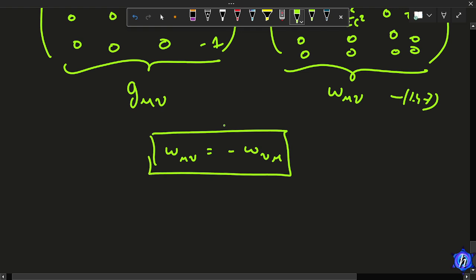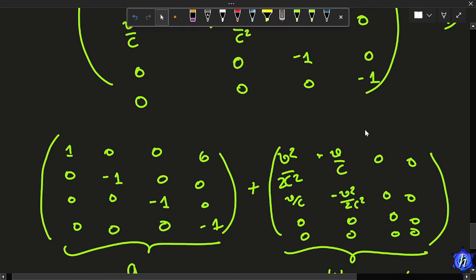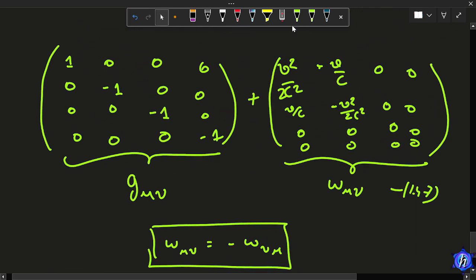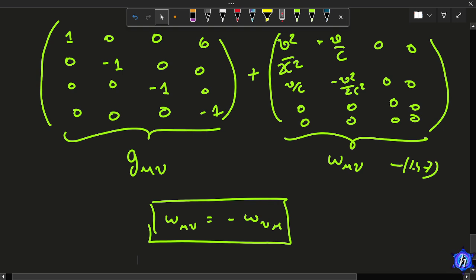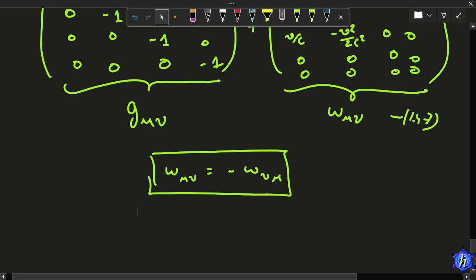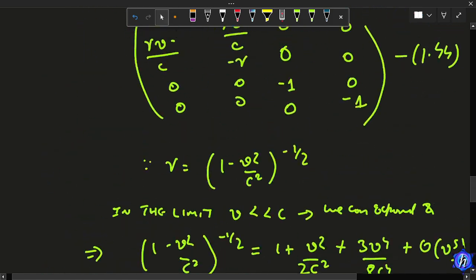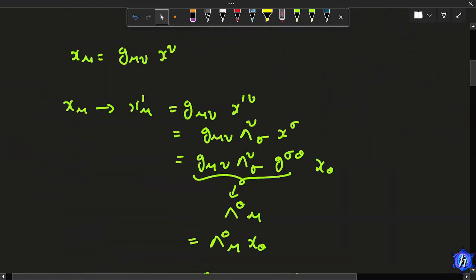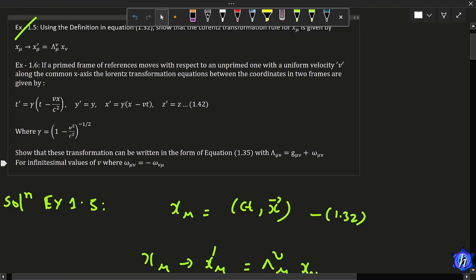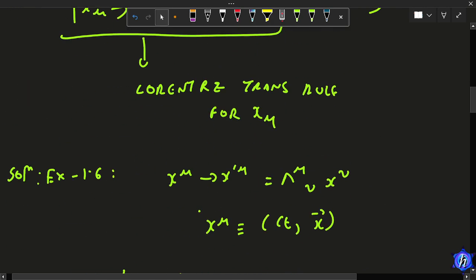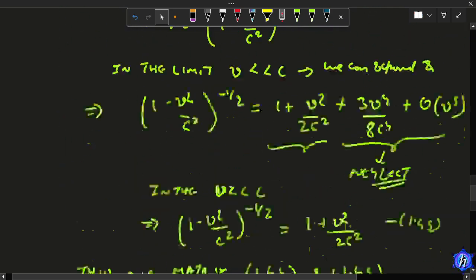This can be seen by taking the transpose of this matrix. So we know it satisfies all the conditions asked in this question, and thus we have solved the problem.